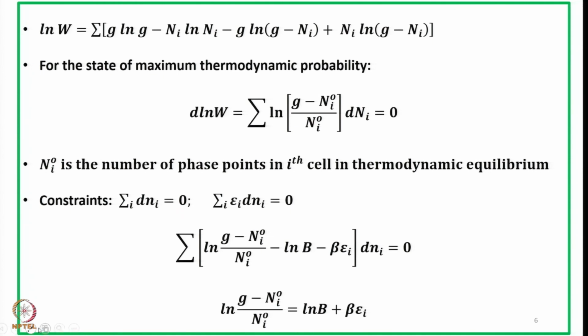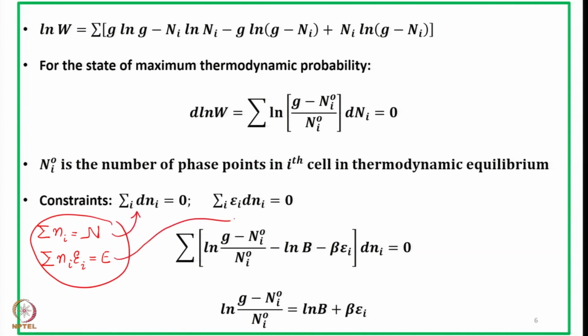Right? This is something which we have done earlier, that is summation Ni is equal to n and summation Ni Ei is equal to E. So by using these two expressions, you can arrive at summation dNi equal to 0.